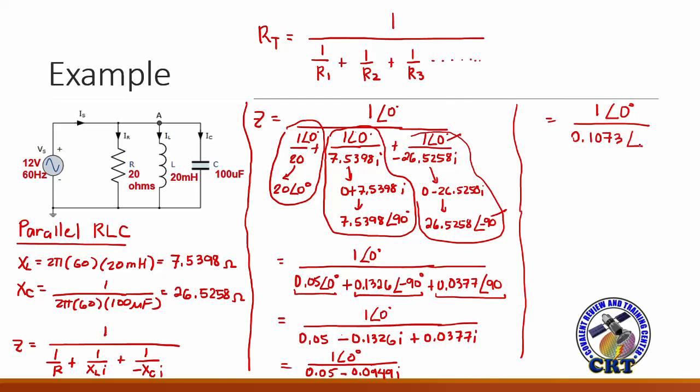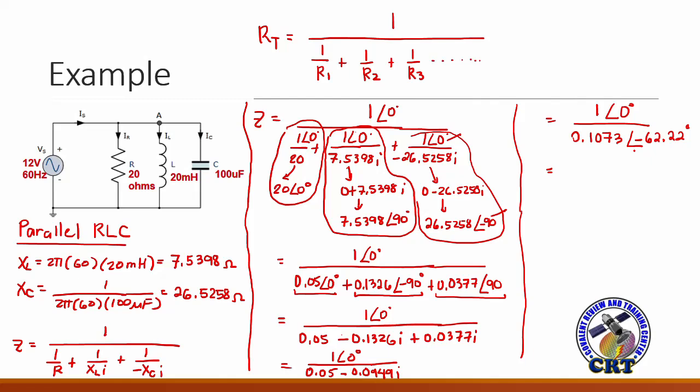For the angle, negative 62.22. Let us use 2 decimal places for the angle. And for the final solution, numerator 1 angle of 0 divided by denominator 0.1073 angle of negative 62.22.